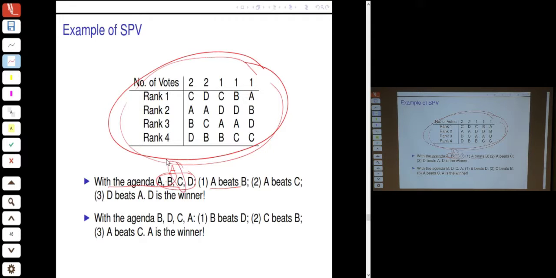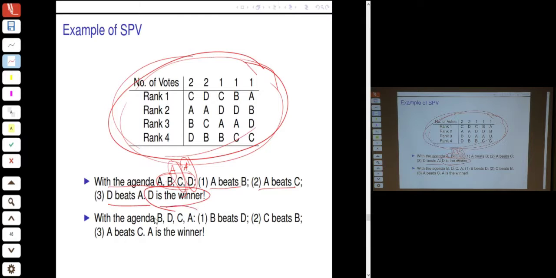Then you contest A and C. Again, from the voting profiles, you figure out that A beats C. So, A is the winner here again, and you compare A and D, head to head matchup, D beats A. So, D is the winner.